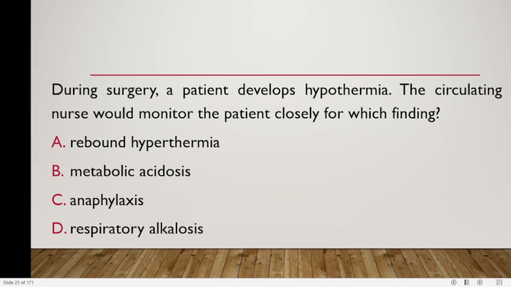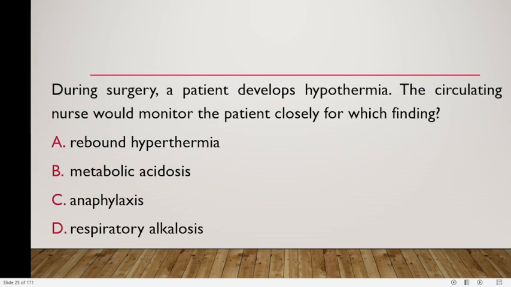Someone has already ruled out C, anaphylaxis. Great. Same to A, yes. So when you look at now B and D, metabolic acidosis and respiratory alkalosis, you know that when you have hypothermia, it means less food components are going to be broken down.